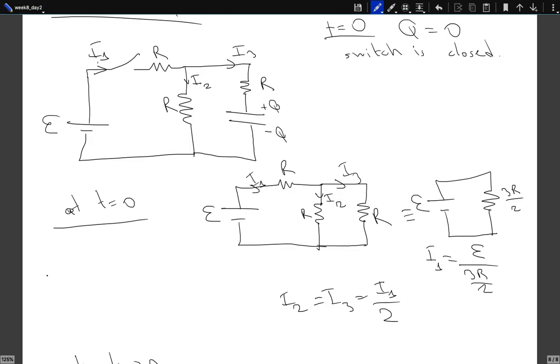Eventually, the capacitor will be fully charged. Fully charged meaning that it will not allow any more charge to be deposited in the capacitor. So what will be I3? Now I3 will be 0.